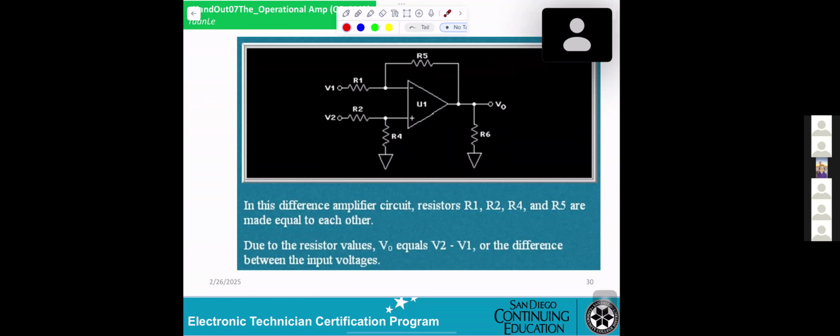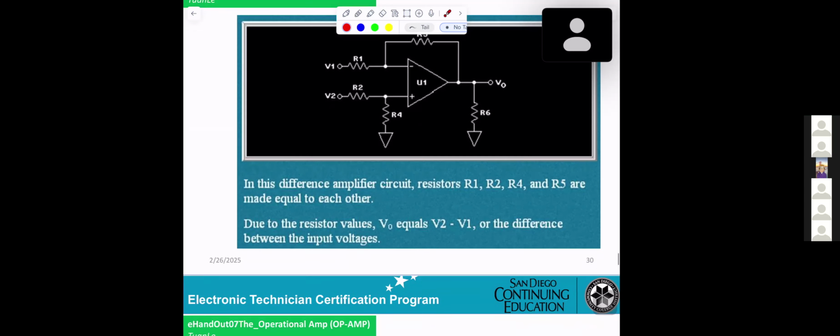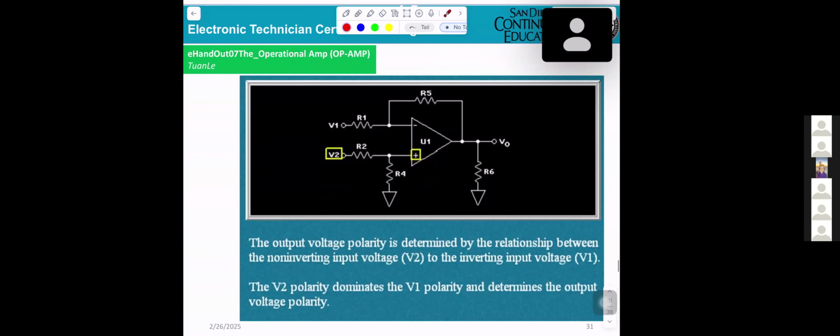Okay. Let's see. In this differential amplifier circuit, resistances R1, R2, R4, R5 are made equal, so due to the resistor values Vout equals V2 minus V1, or the difference between the input voltages. The output voltage polarity is determined by the relation between the non-inverting input voltage V2 and the inverting input voltage V1.